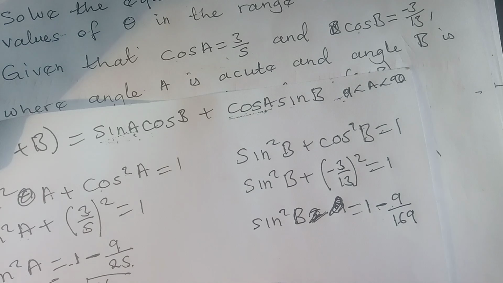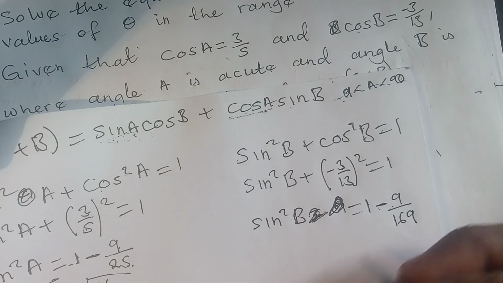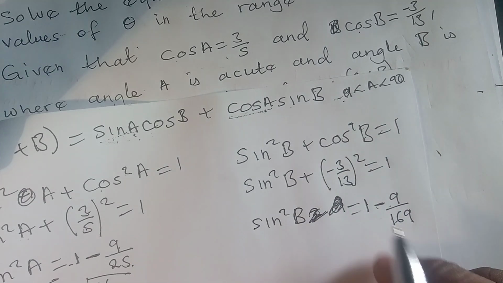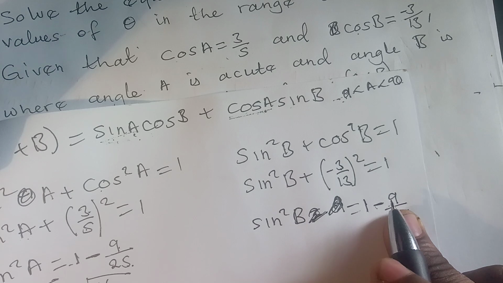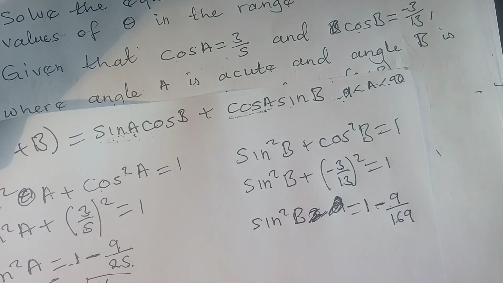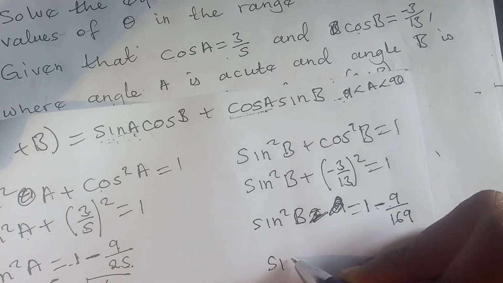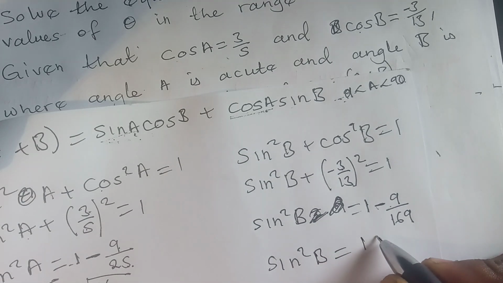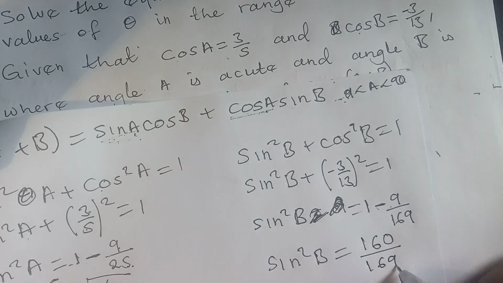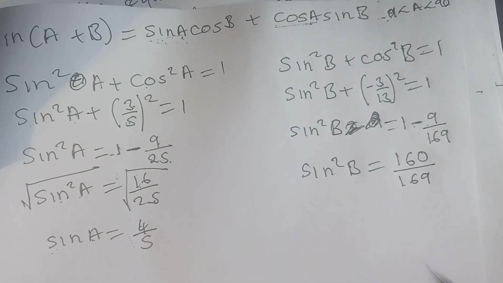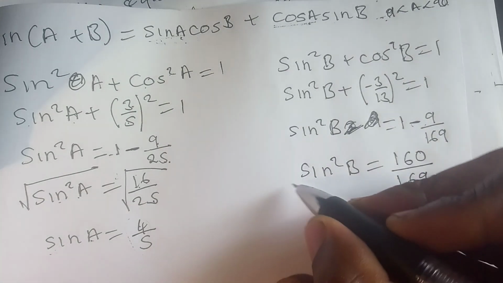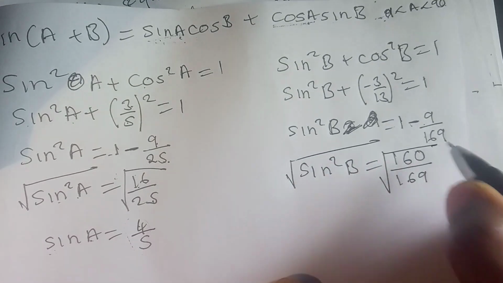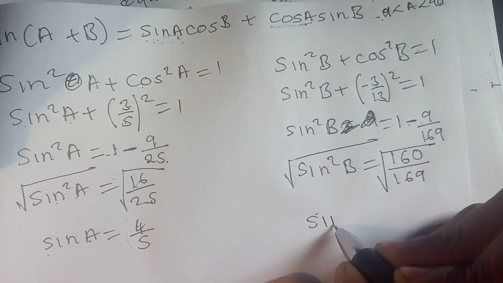When you subtract these two, 169 minus 9, you should have 160, yes, 160 over 169. So now to solve for sin B, you simply introduce the square root on both sides.